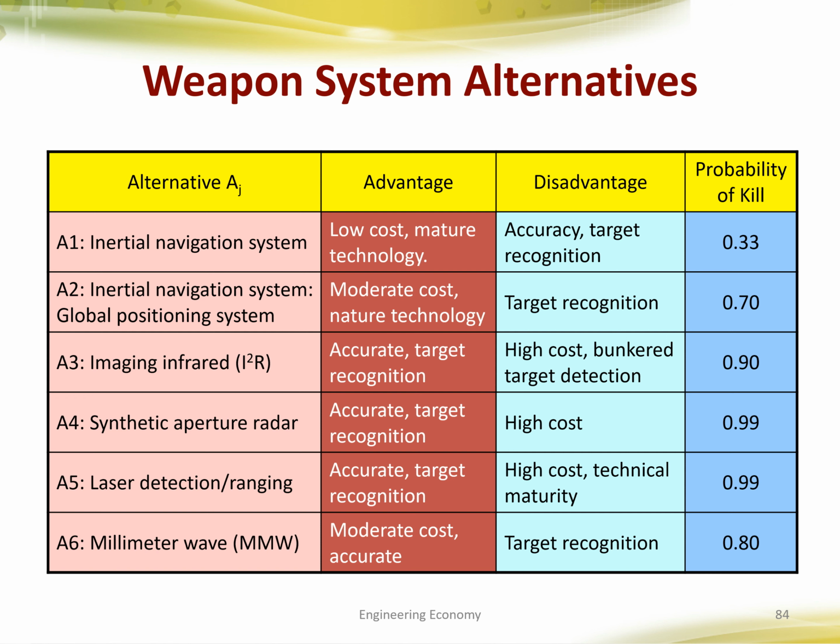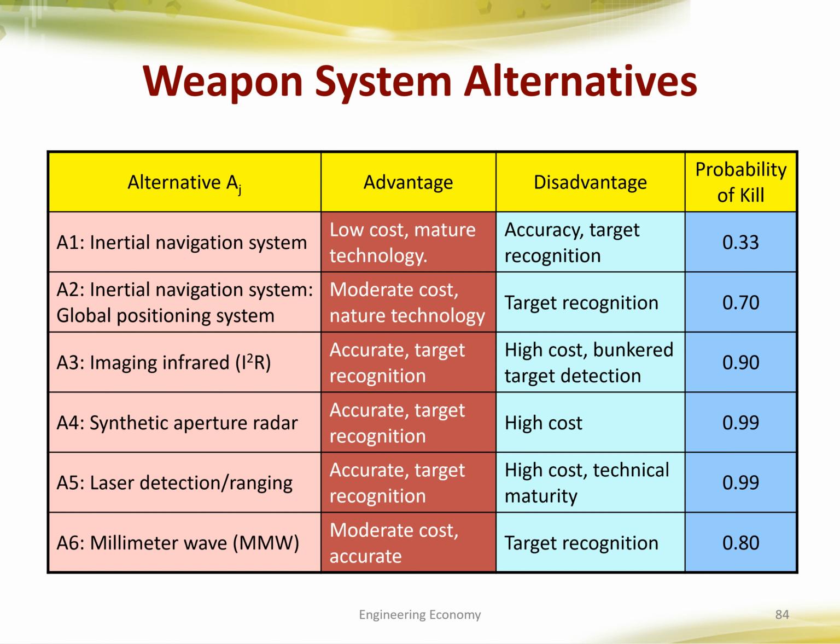And for alternative 1, the probability of kill is only 1/3. Chances are the cost will be quite low. That's usually the case with a low-cost product, but the effectiveness is not very high.